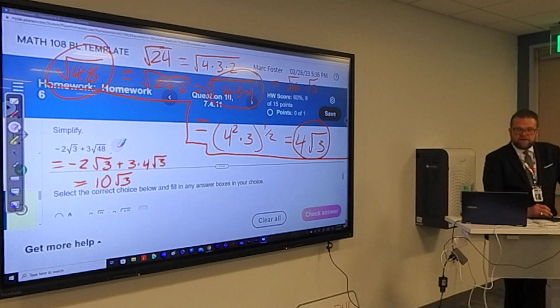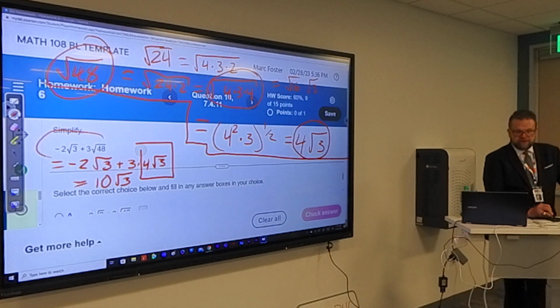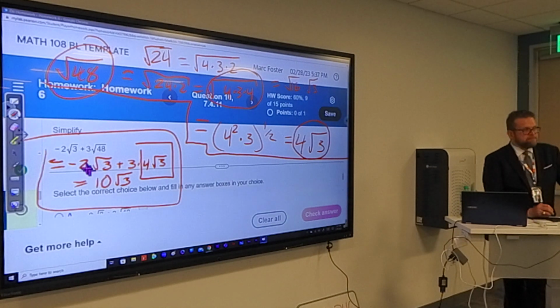Okay. 4 radical 3 is square root of 48. So then it says exactly what this says. Yeah, that's what I was asking. Yes. Okay. 4 radical 3 is square root of 48. So then the problem they gave us is identical to this statement.